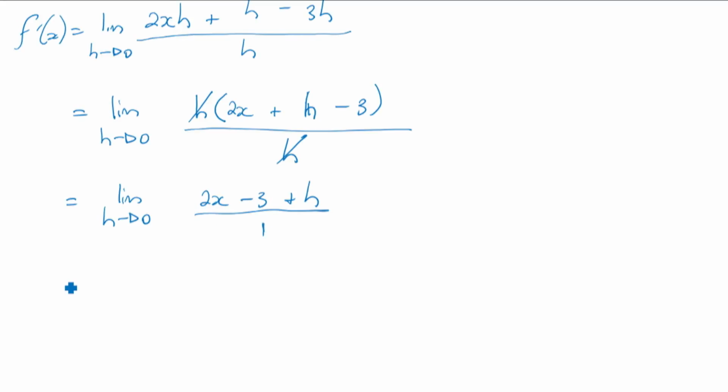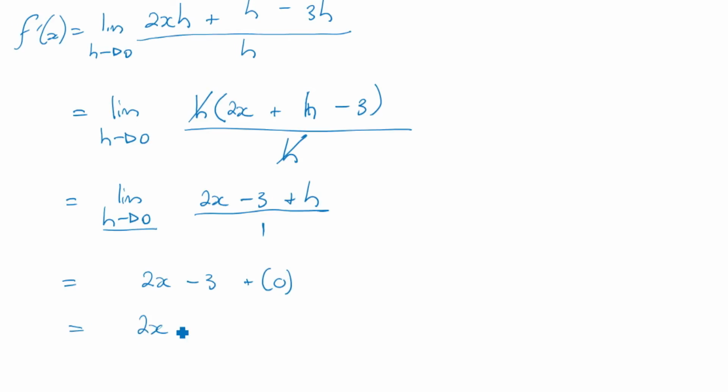And now we can sub in 0. H equals 0. So this is going to be 2x minus 3 plus 0, which is 2x minus 3. And that is the answer.